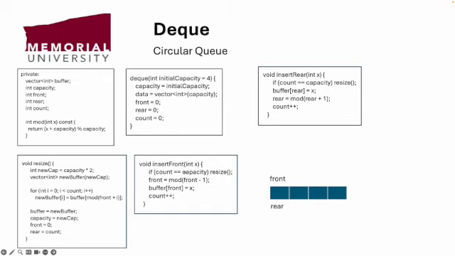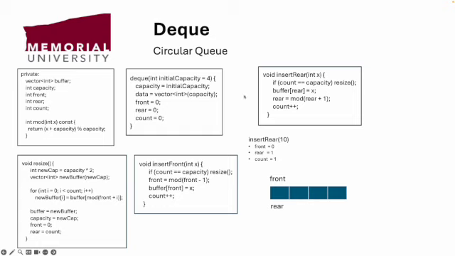Okay, let's look at the code. How to use circular queue to implement the Deque. First, let's do the insert back for the value 10. So what do we do here? The count is initialized to 0, so it's not equal to the capacity.